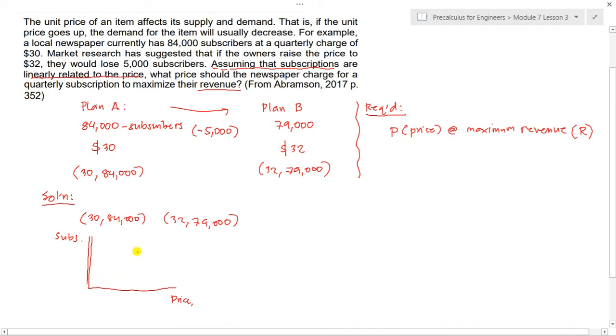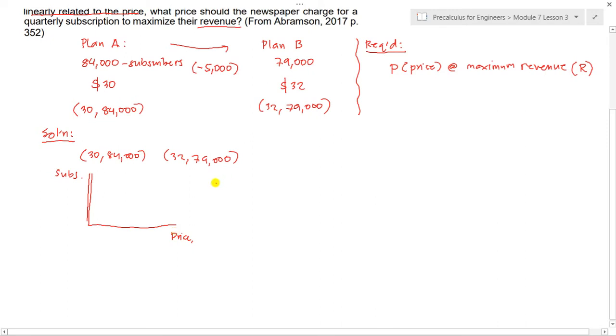So therefore we can use the formula for solving the equation of a line using 2 points. I hope you remember this: y minus y sub 1 is equal to the slope m times x minus x sub 1, right? Then the slope is just the change in y. So y here is the subscription.